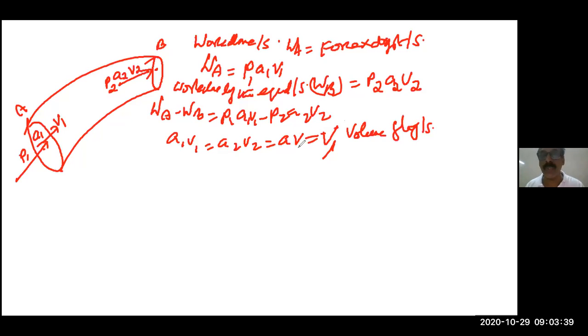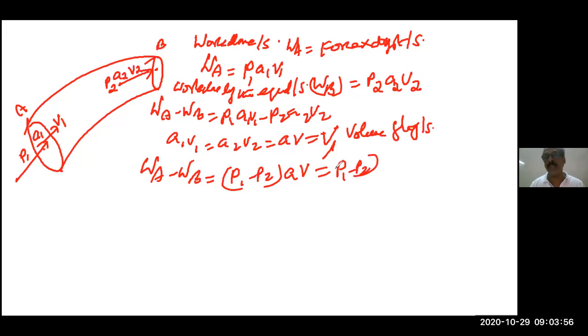This is based on the equation of continuity. Yesterday I told you that. Then WA minus WB is equal to P1 minus P2 into AV. We can take AV as common. That can also be written as P1 minus P2 into capital V. This is equation number 1.